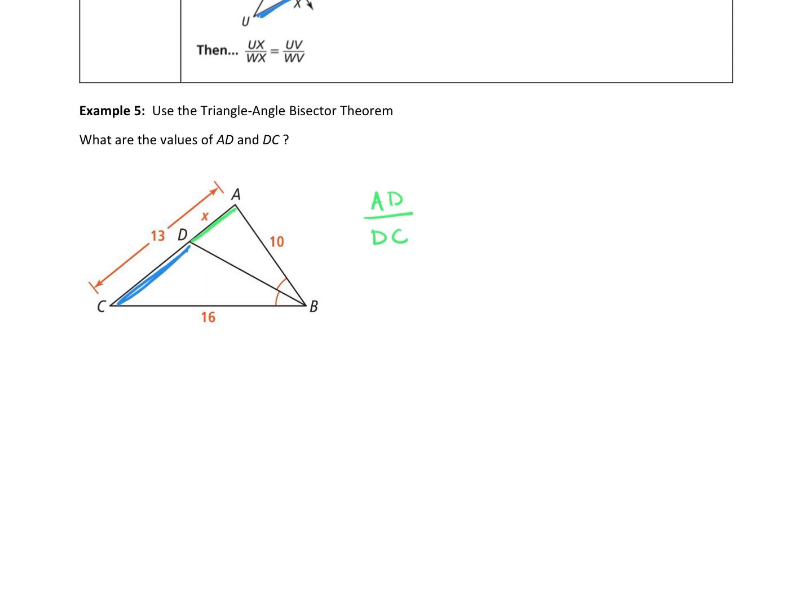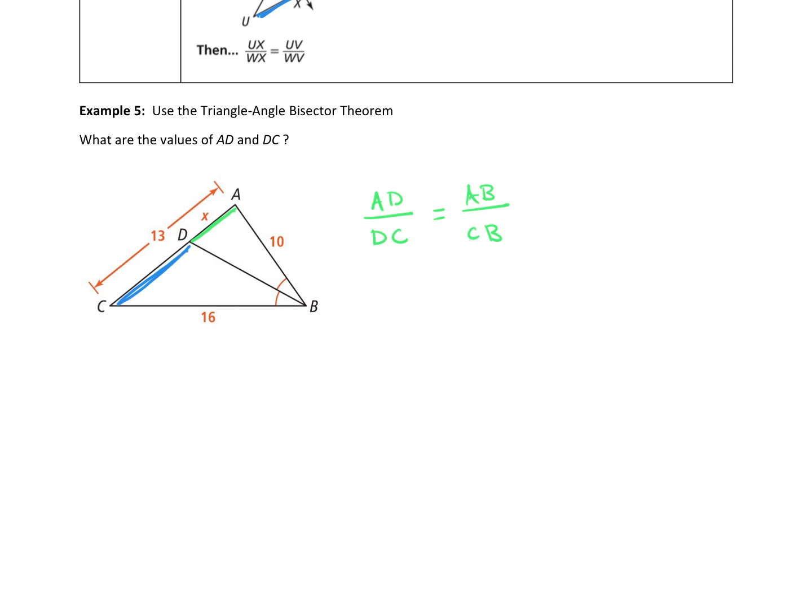That will be equal to, we're going to use the adjacent side. So here's side AD. Which side is adjacent to that? AB. So that's going to go on top, AB over. And then in our denominator we have DC. What's the adjacent side to DC? That is this side right here, CB.